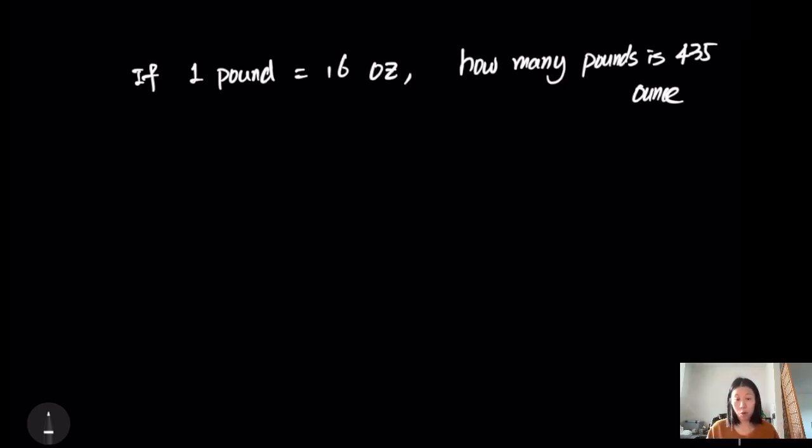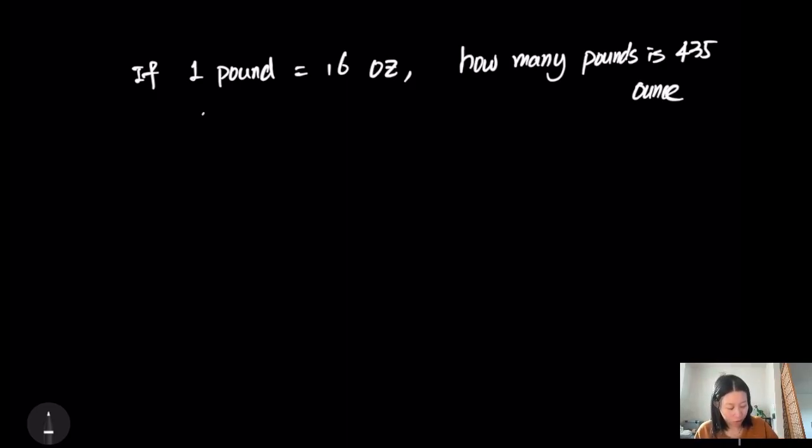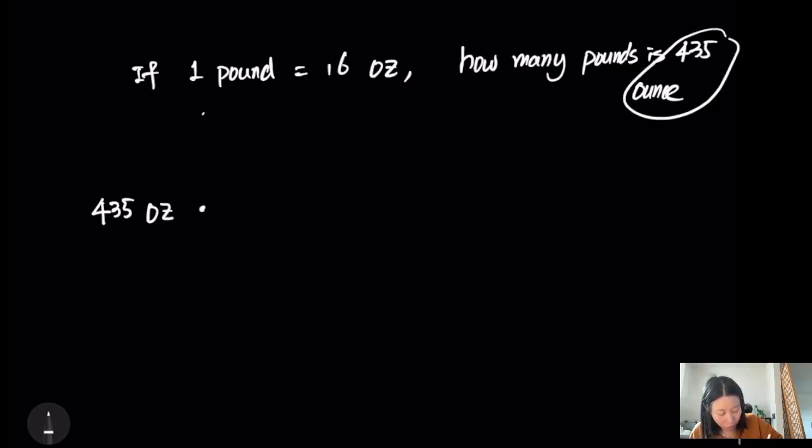You can either use proportion or use the dimensional analysis way to do it. So what are we given? We are given 435 ounces, and we want to multiply by a factor so that the result is going to be pounds. So that means we want to keep the pounds.